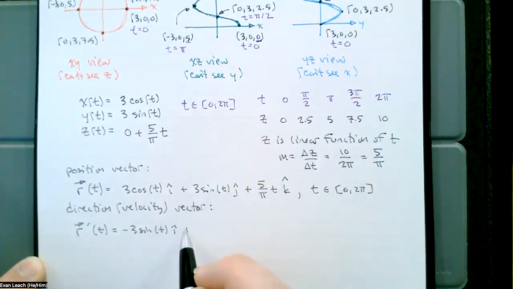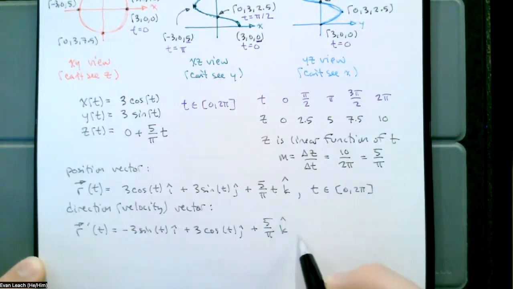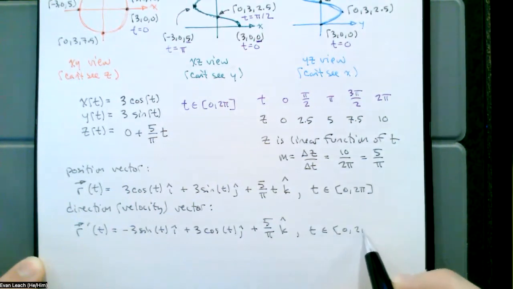The derivative of sine is cosine. The derivative of 5 over pi times t is just 5 over pi. And that doesn't affect the values of t that we're going to be plugging in.